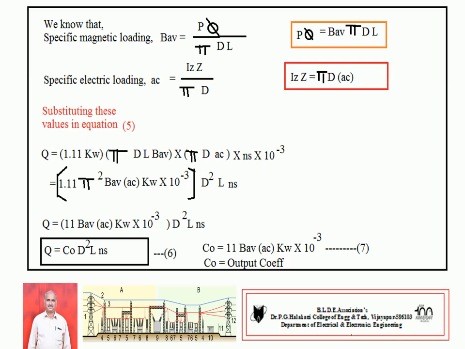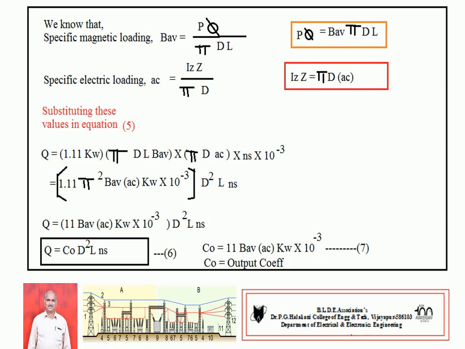Hence, we have to replace P phi with this value and Iz into Z with this value, then substitute. As we did in the previous class, d square L n in DC machine, here n becomes Ns. d square L Ns you keep outside, and all the remaining things you keep in one bracket, which is known as C naught.